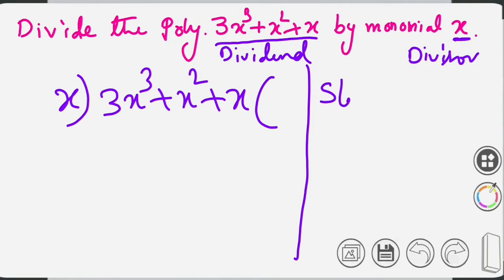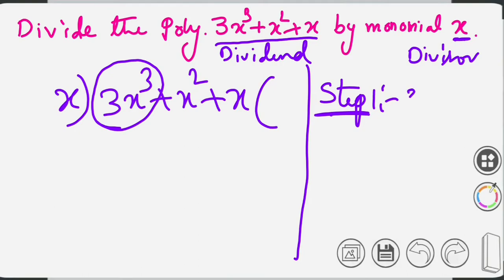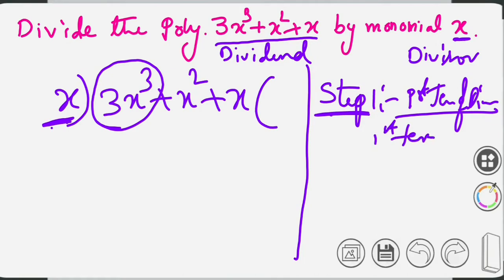We have to follow some rules. In step 1, the first step, what we have to do: take the first term of the dividend divided by the first term of the divisor.